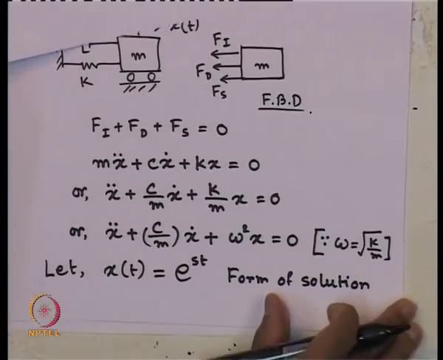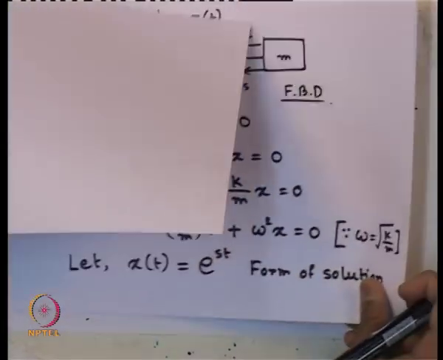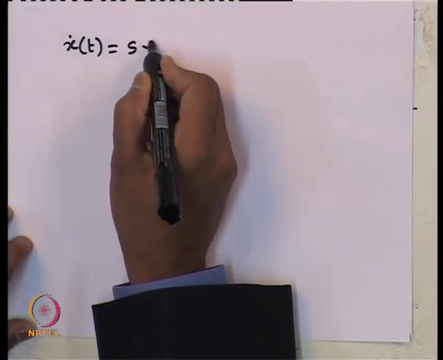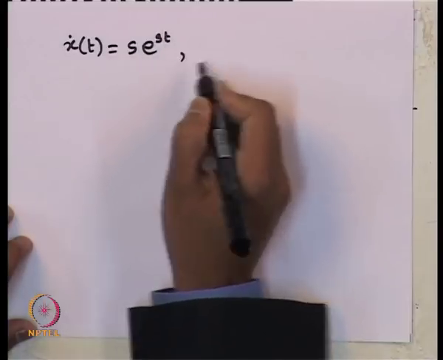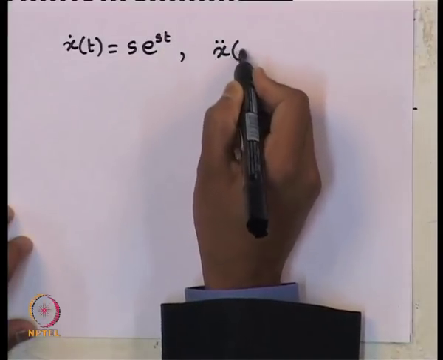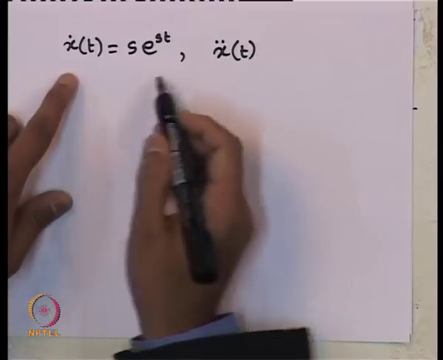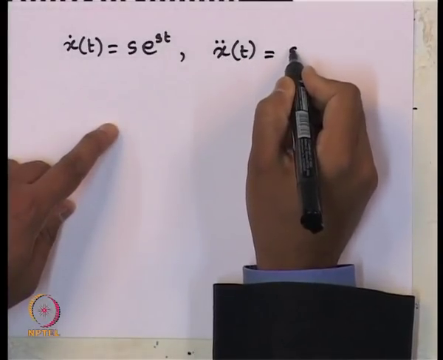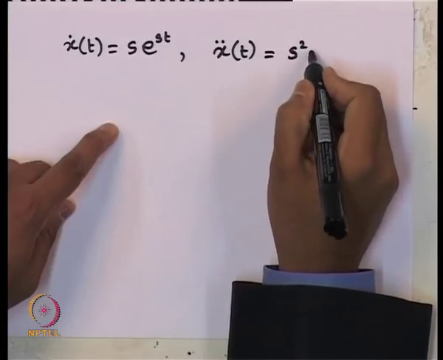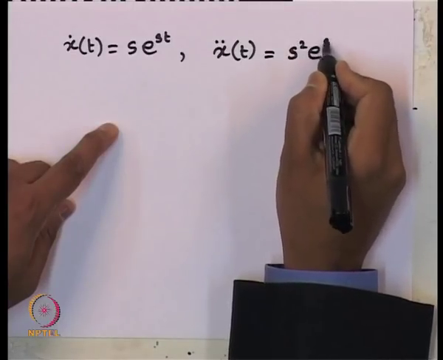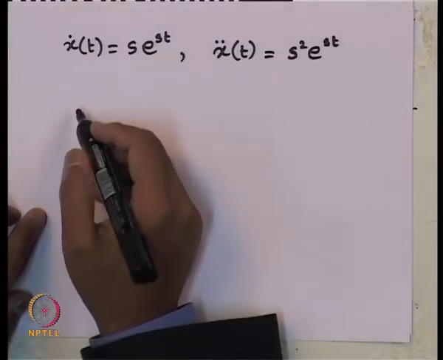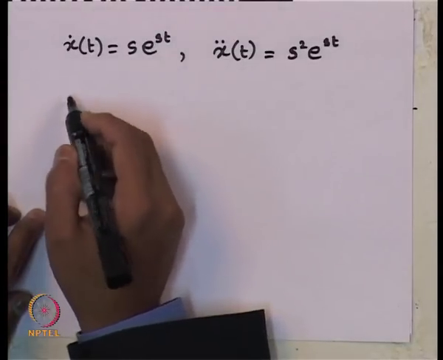What we will get now: x dot of t will be s e to the power s t, and x double dot of t will be s square e to the power s t. Velocity, we have differentiated once, and acceleration we are differentiating twice, of the displacement function. We get these expressions. Let us put it back to our governing differential equation.